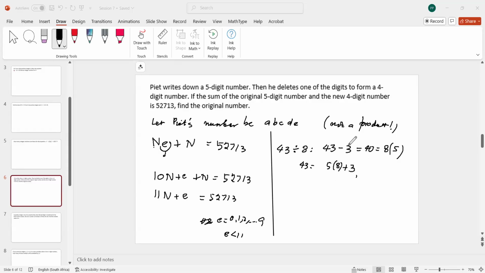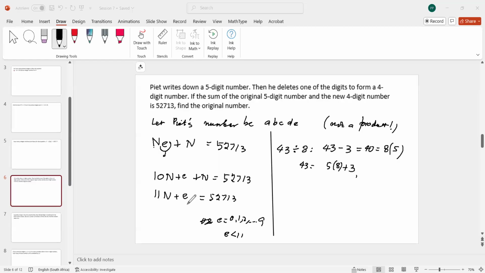And 3, why 3? Because 3 is smaller than 8, you see. So when you're dividing by 8, the remainder will always be smaller than 8. You can't have a remainder which is 8 or more. You know that. That's a rule. You were never conscious of it, presumably, but whatever you're left with must be smaller than 8.